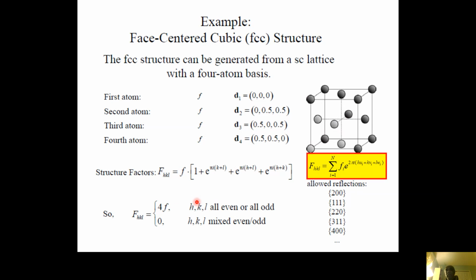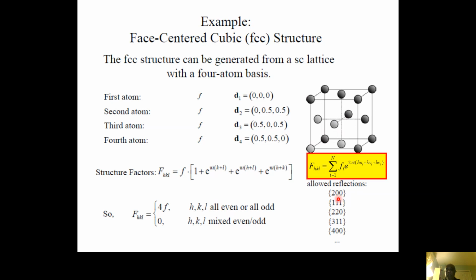But if any of them is mixed, that means you can have 2 even and 1 odd, or 2 odds and 1 even, then this term becomes -1, so it will cancel with another +1, and the other -1 cancels, you get 0. So that means you can only get FCC reflections when HKL all have to be odd or all have to be even. You cannot have an odd and even mix.